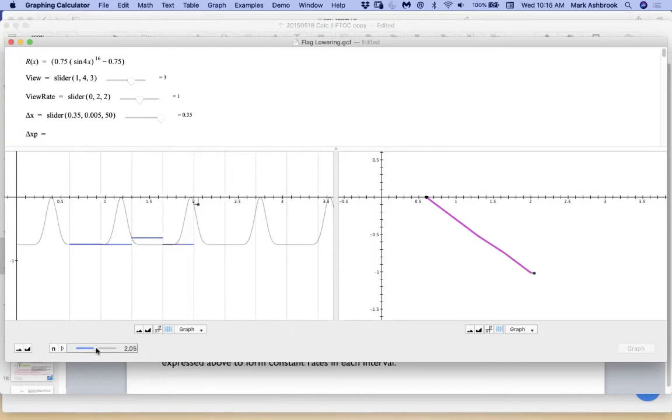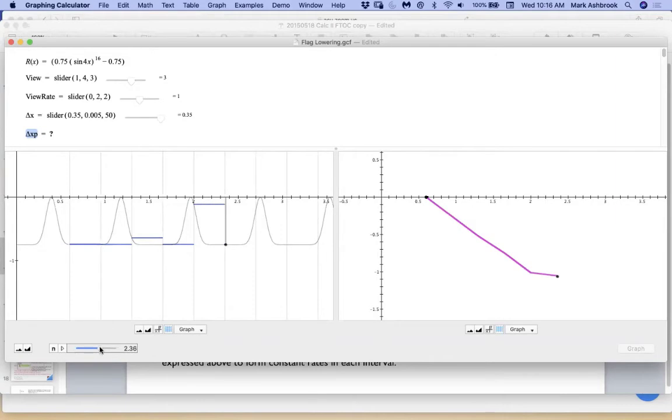And what about the next interval? It's going to be a lot more shallow. Yeah, a lot more shallow. Now this was, we said, negative 0.2, and it's maybe closer to negative 0.1. So according to the left-hand approximate rate, we're going to have this constant rate the whole way, which is a very slight decrease in height.